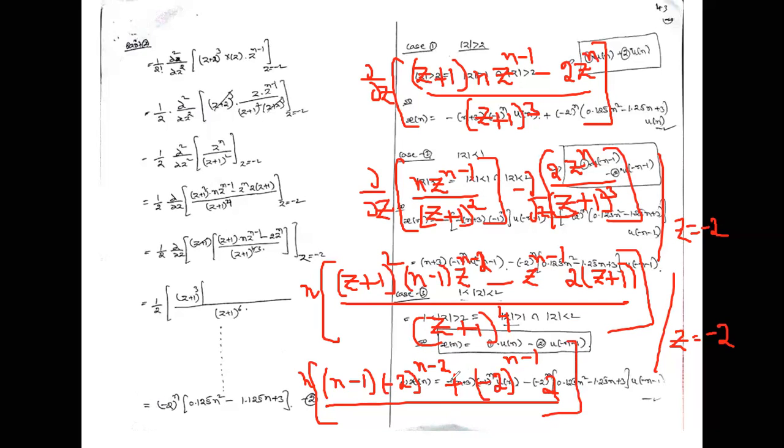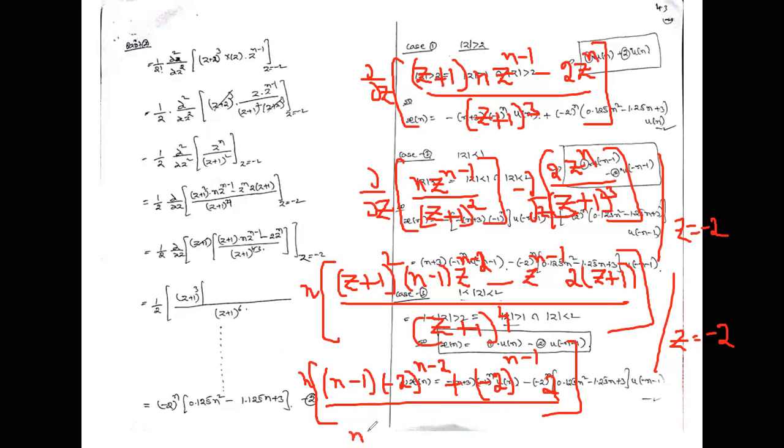So you can still simplify: (-2)^(n-1) and (-2)^(n-1), in both the terms, (-2)^(n-1) you can take as common. (-2)^(-1) is there. n(n-1)(-2)^(-1), or otherwise you can simply leave the function like this.